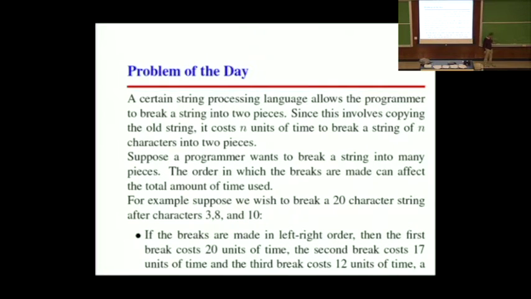Okay, so let's think what this is saying. If S sub ij is defined as the cheapest possible way to completely cut the substring from CL to CR, okay, what do we know about the cheapest way to cut these things? Well, it had to have a first cut in it.